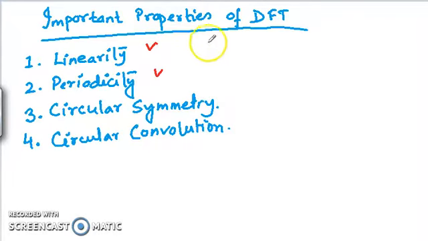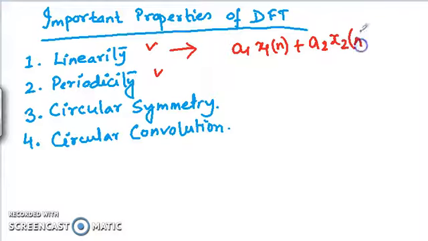In equation form, suppose I have a fraction of a1 multiplied with a time domain signal x1[n], and it is added with a2 x2[n] signal.